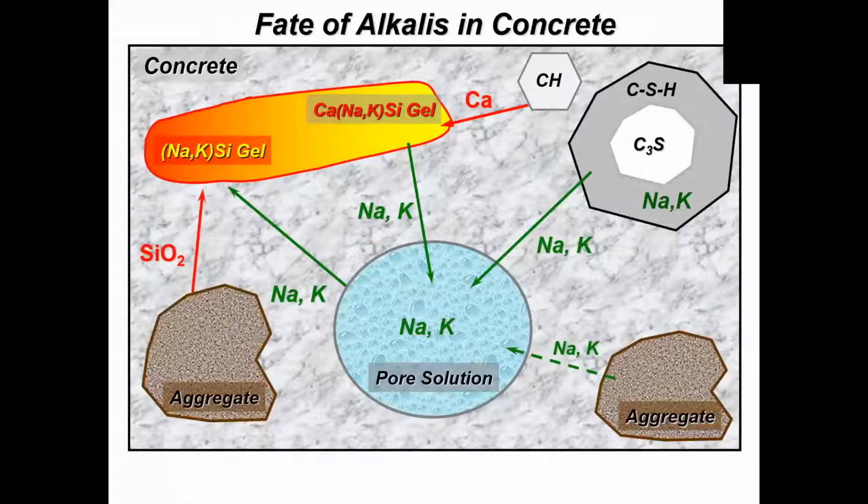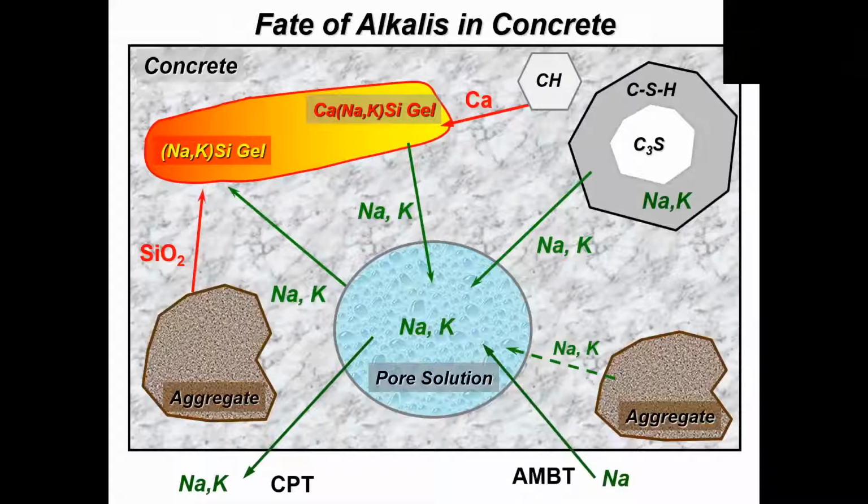And the problem with our two test methods is, as I'll show in a minute, that with the concrete prism test we leach out much of the alkalis that are in the pore solution, and they end up in the bottom of our container that we run the test in. Whereas with the accelerated test, of course, we're providing an infinite source of alkalis to the system. That, in combination with the high temperature of 176 degrees Fahrenheit, is part of the reason we get erroneous results from that test very often.